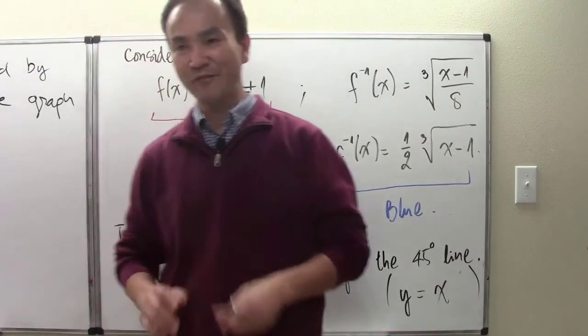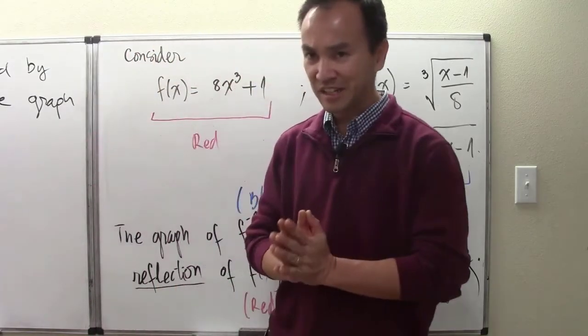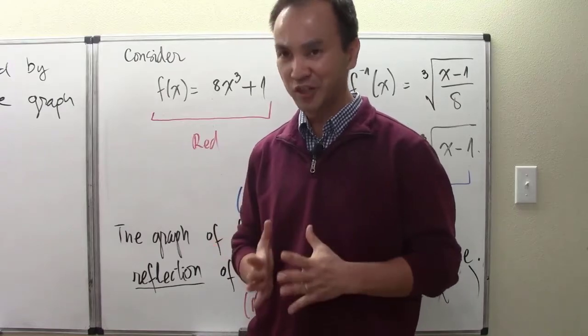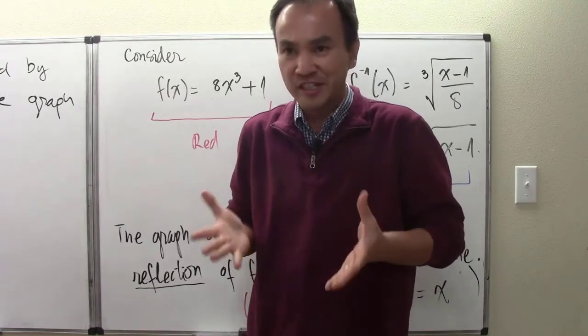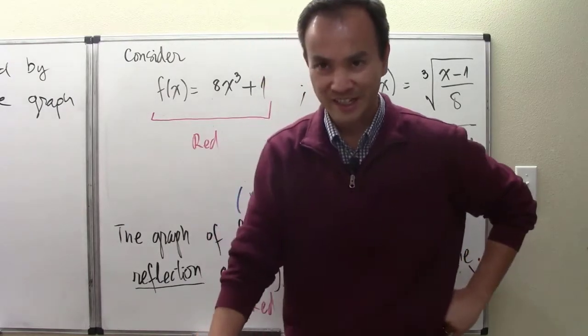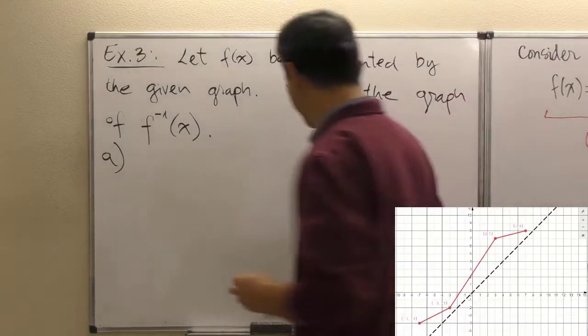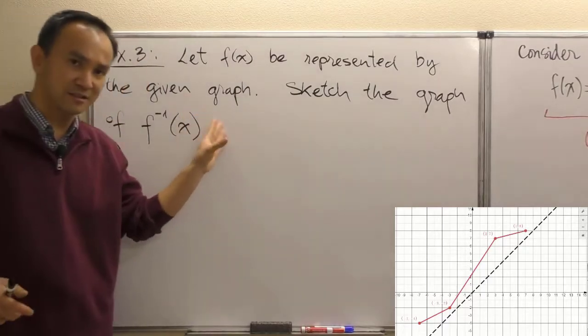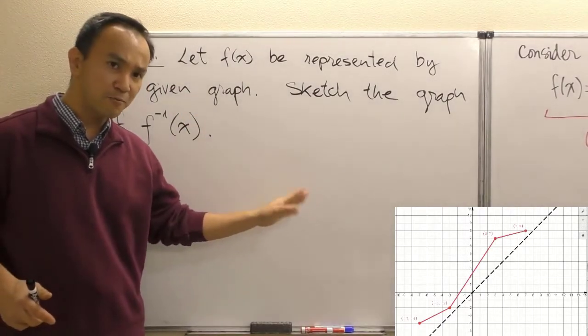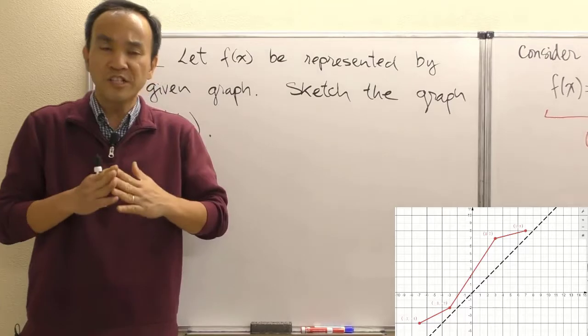Another thing I have to mention: in this problem, I really emphasize the term "sketch the graph," because we really have no choice. Technology is not going to help us, in the sense that I did not provide the rule of the function, as the problem is instructing, so we only see the graph.